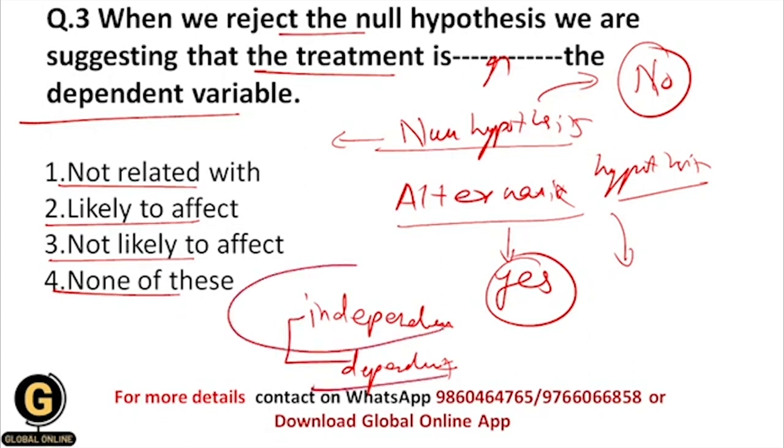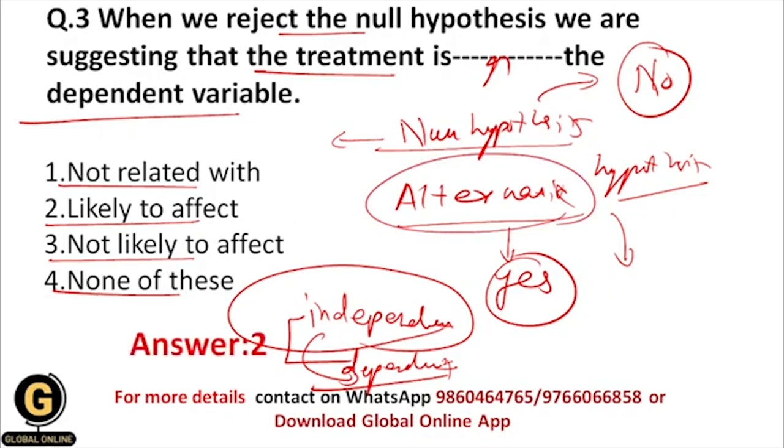So whenever we alter the values of independent variables, it will affect the values of the dependent variable. That's why whenever we reject the null hypothesis, we accept the alternative hypothesis, and that suggests that the treatment is affecting the dependent variable, and that's why your correct answer should be 2, that is, likely to affect the dependent variable.